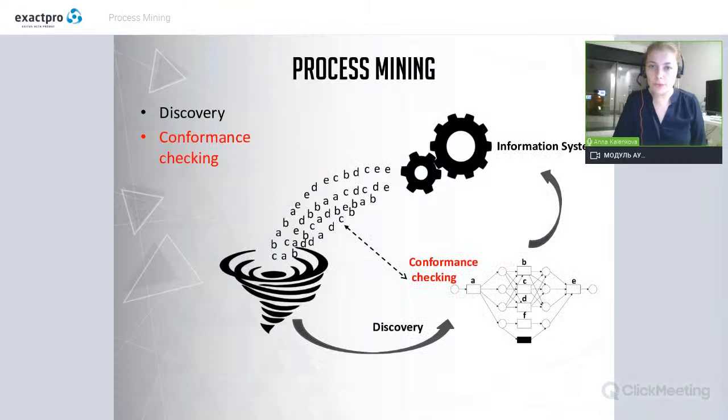So now let us move to the second part that is about conformance checking. So suppose we have an event log and we have a model and we want to compare the log against the model. For instance, we have discovered the model and we say, okay, this is a model of the behavior of our system. This is how our system is organized. And then we want to check, and we have, for instance, event logs of unit tests, and we want to check if we cover our system's behavior with these event logs.